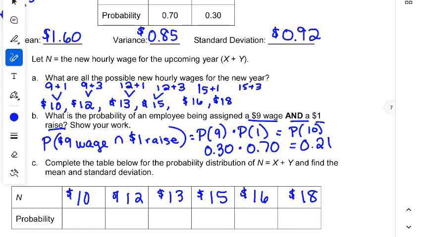Let's find the probability of each of those new wages. We already found $10, so I'm going to write that 0.21. So we're going to do just like before, where we multiply the two independent probabilities to get the probability of those things happening.